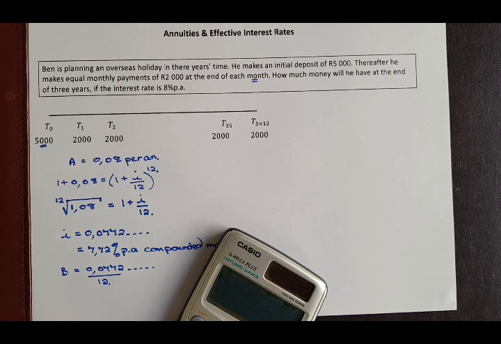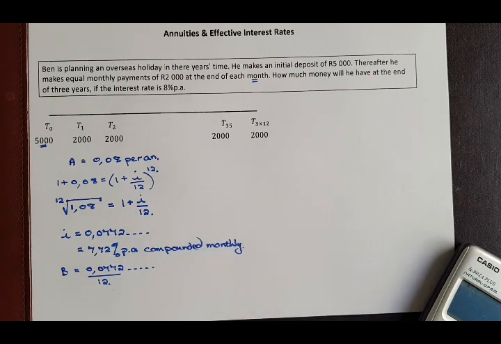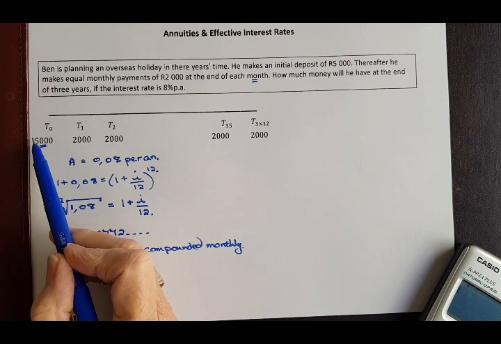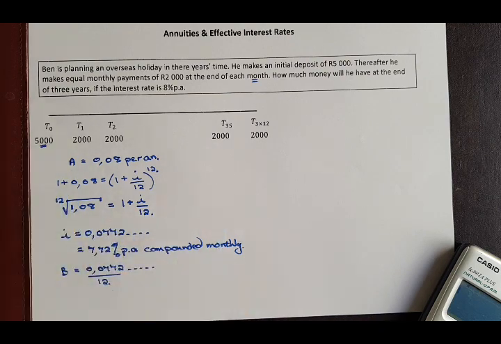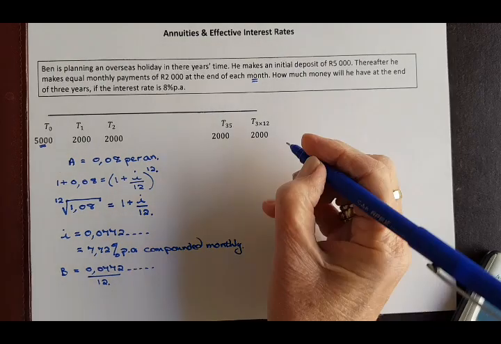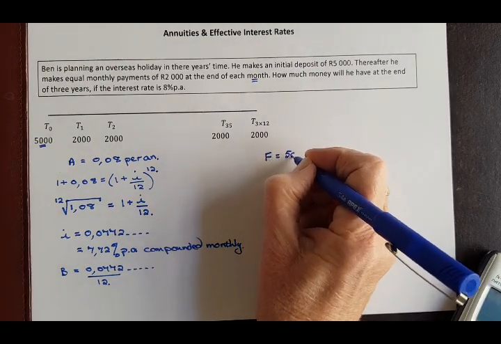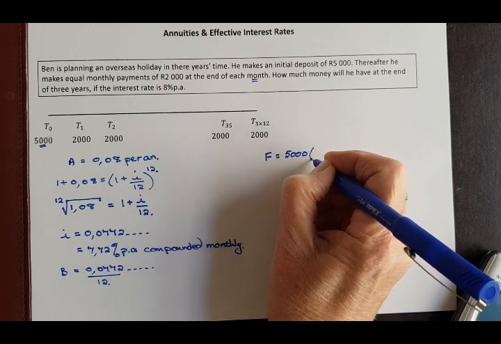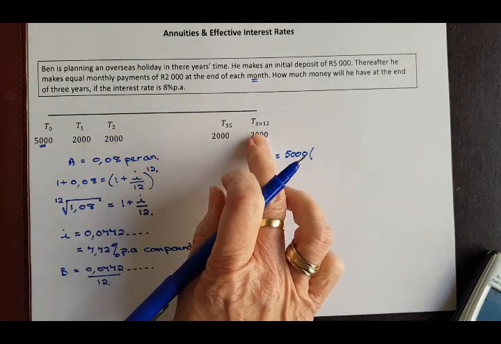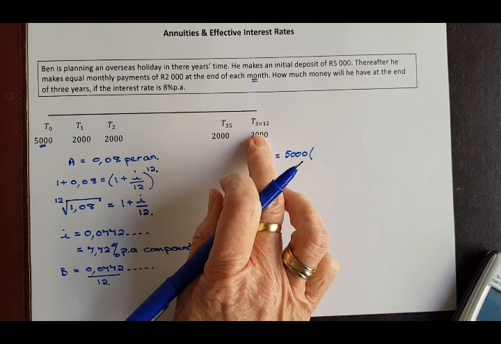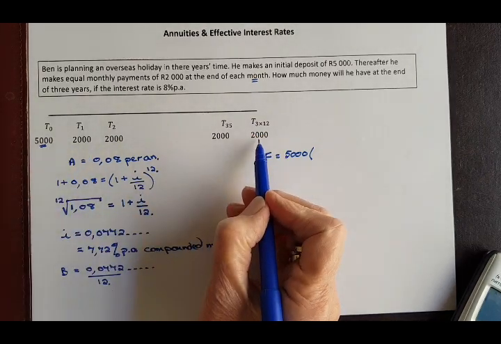All right, now we've got two different kinds of deposits here. We've got that 5,000 Rand, that was a one-off deposit, okay? So when I deposit that 5,000 Rand, it earns interest for a period of 3 years.